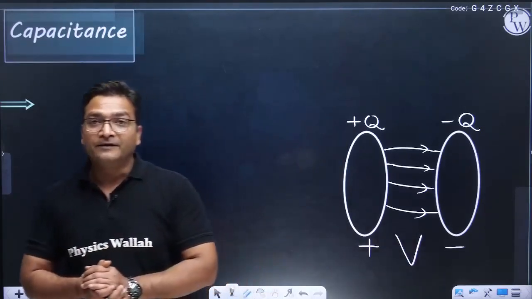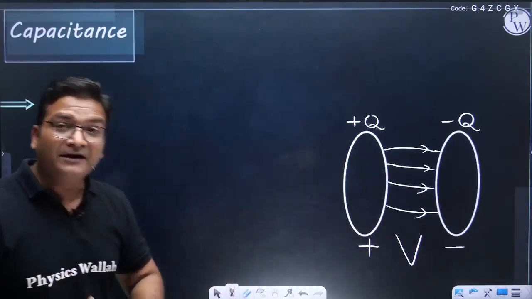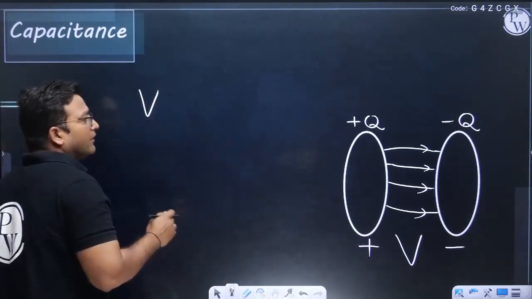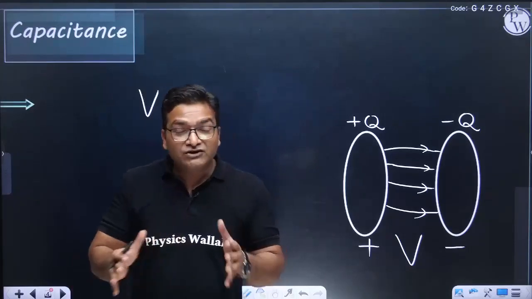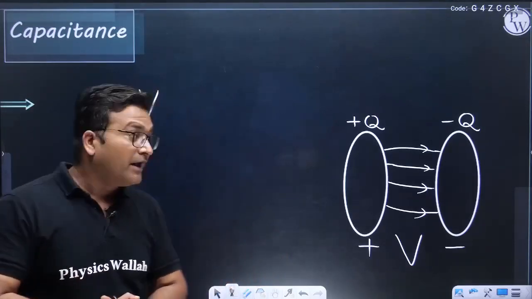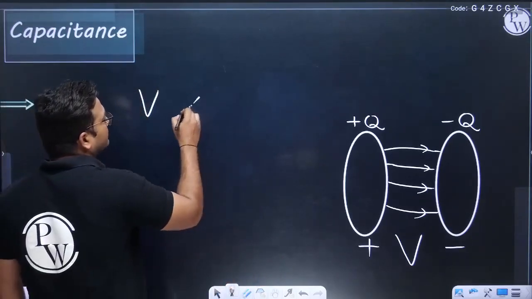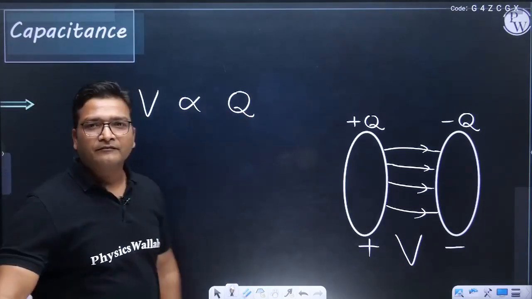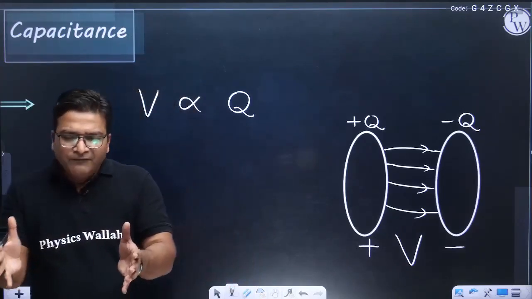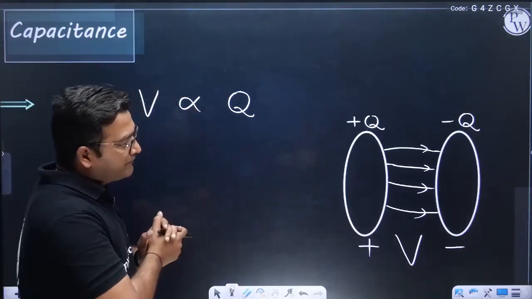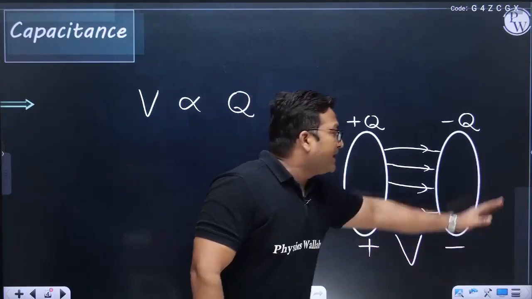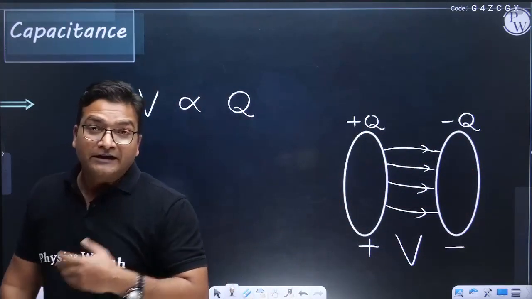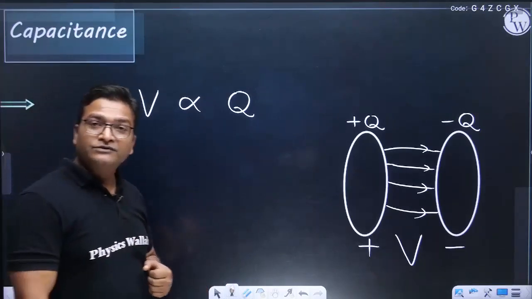Potential difference is V. So what we experimentally find is that the potential difference between the two conductors of a capacitor is directly proportional to the charge on the capacitor. Actually, if you see closely, the total charge on the capacitor is 0, because one conductor has plus Q charge and the other conductor has minus Q charge.